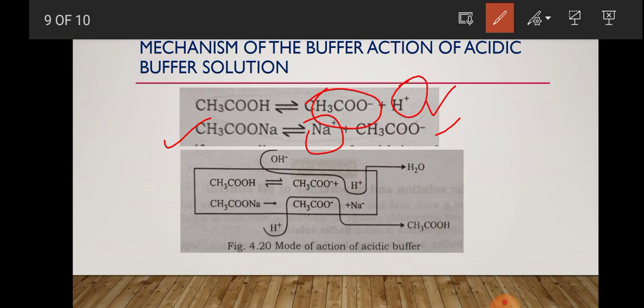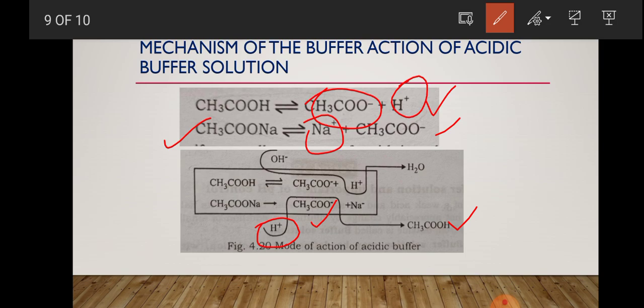Now, if a small amount of acid is added from outside, that means hydrogen ion concentration is increased, and this hydrogen ion then reacts with acetate ion and produces acetic acid to neutralize the pH.